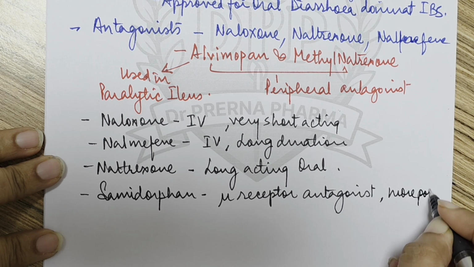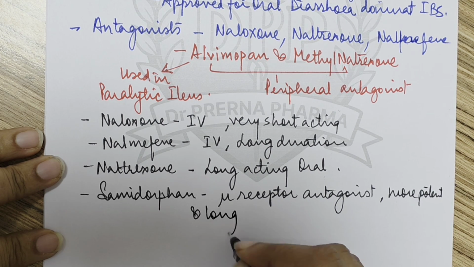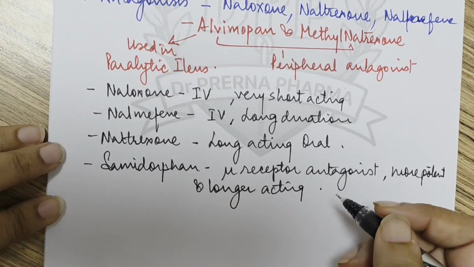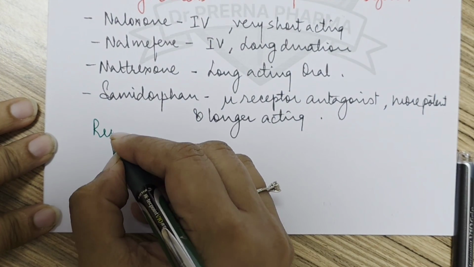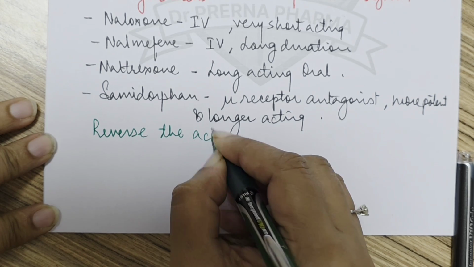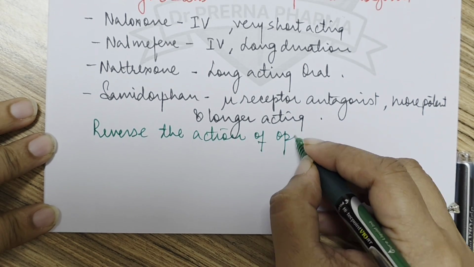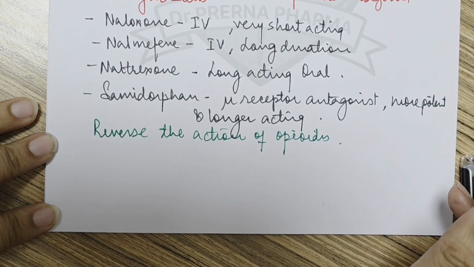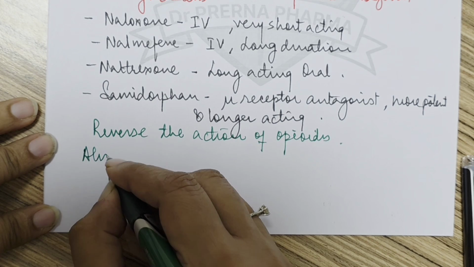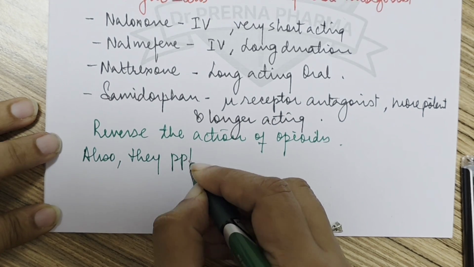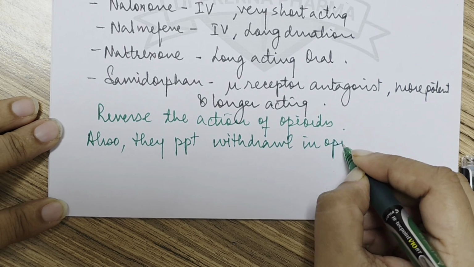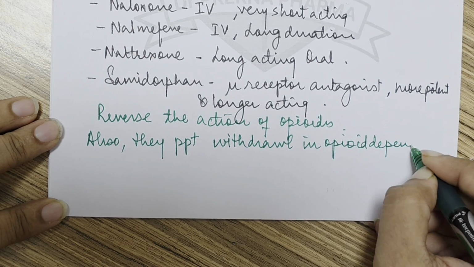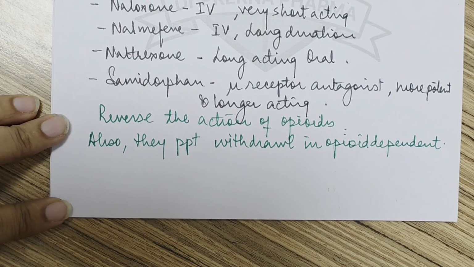It is more potent and longer acting, right? Now these drugs are basically antagonists, so they reverse the action of opioids. By themselves they do not have any action, plus also they precipitate withdrawal in opioid dependent patients. If they are given in dependent patients, they will precipitate immediate withdrawal.